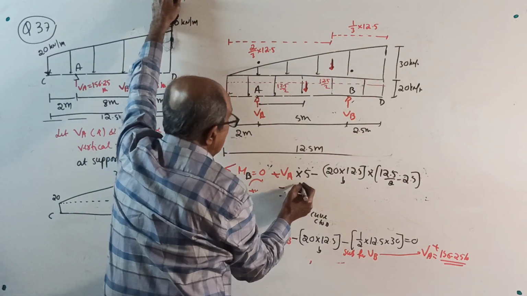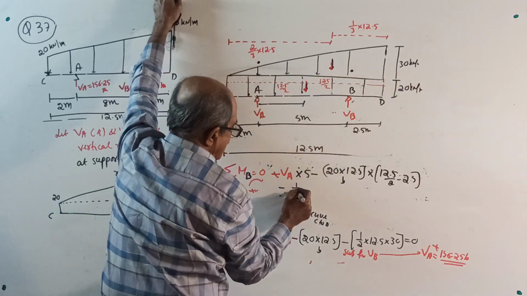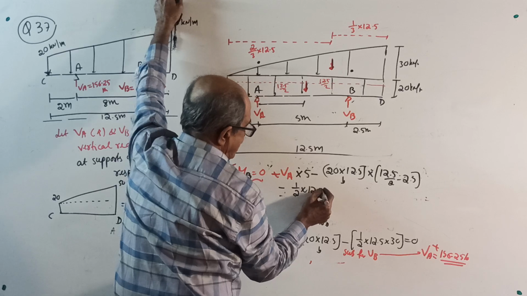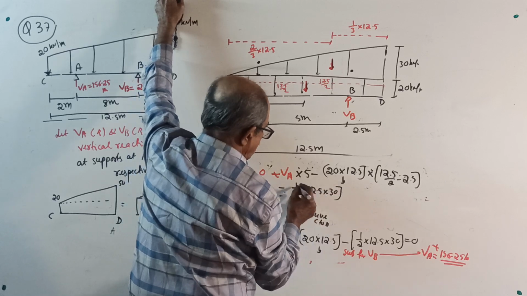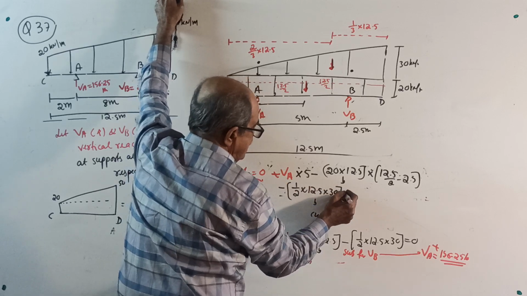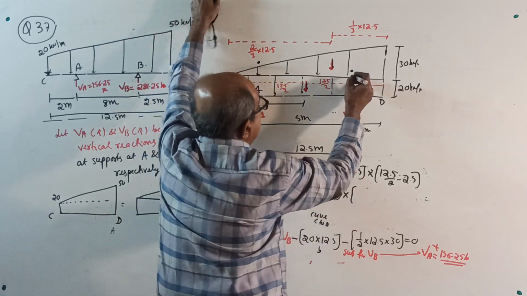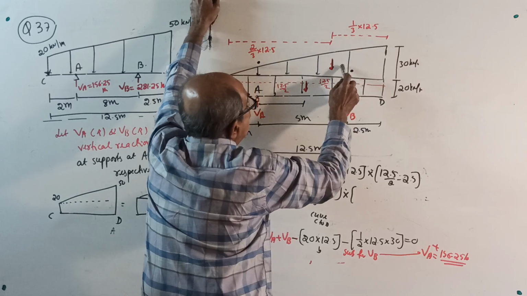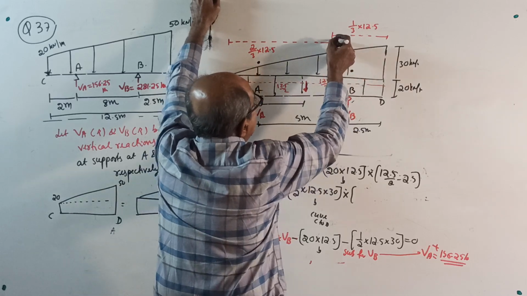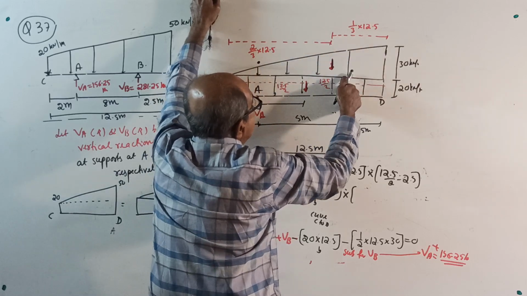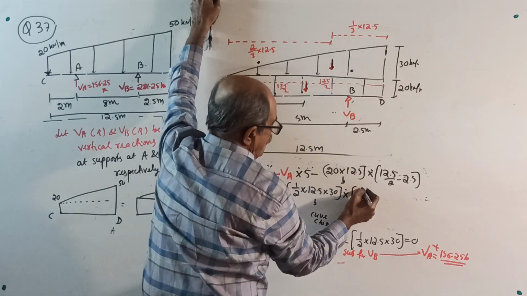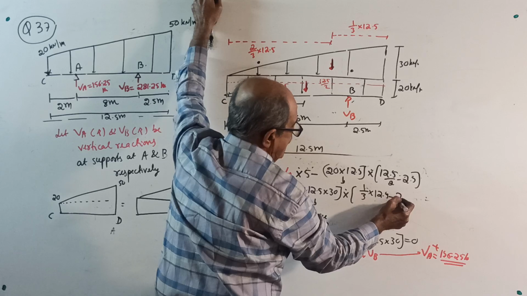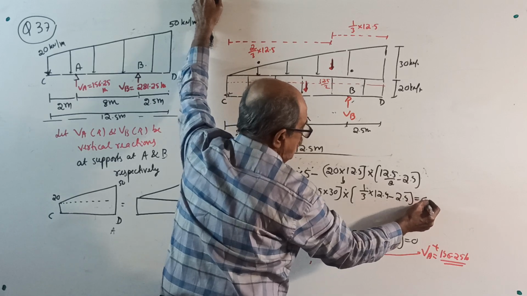Again minus this load, half into 12.5 into 30, is the total UVL right here, into the moment about B you want. This is 1/3 of 12.5. Moment about B means you want this line of action, moment from here. This distance is 1/3 of 12.5 minus 2.5, equal to 0.